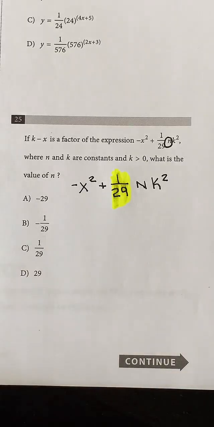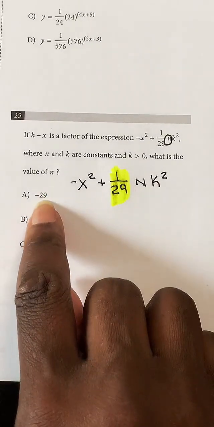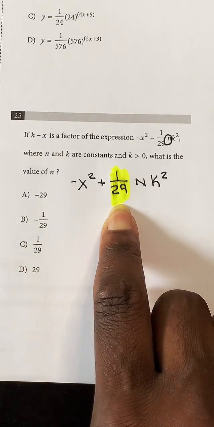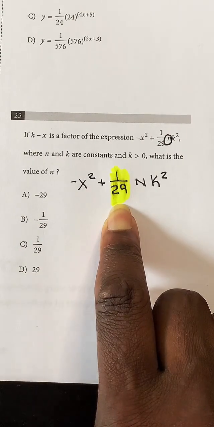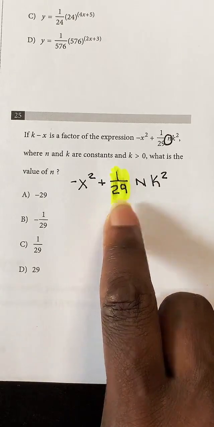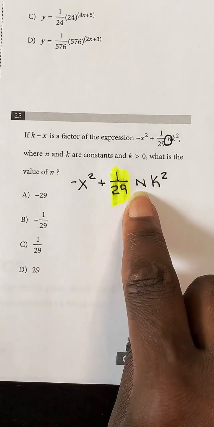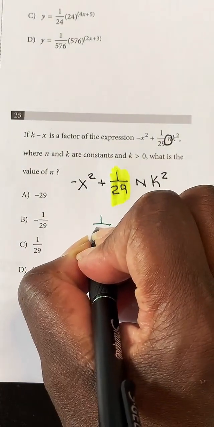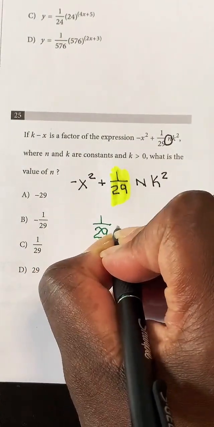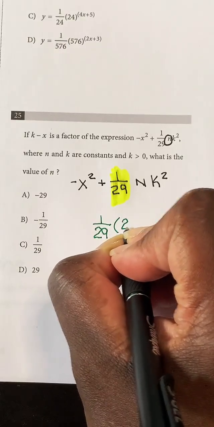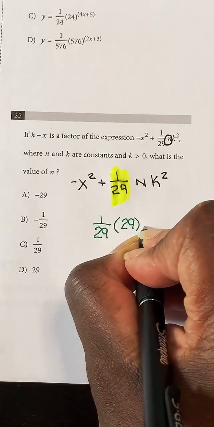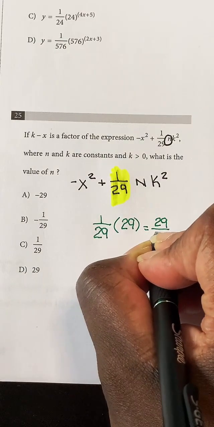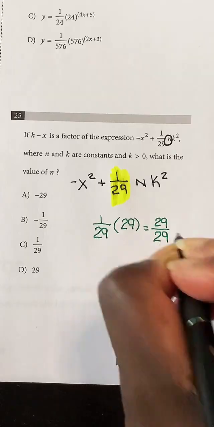So what do I need to multiply to get rid of that fraction? That's where everybody was coming in with the 29. Because if I do this, 1/29 times 29, this is the same as saying 29 over 29.